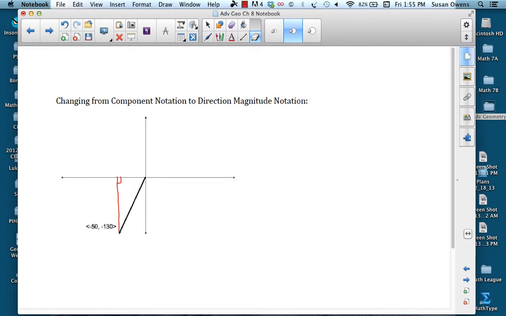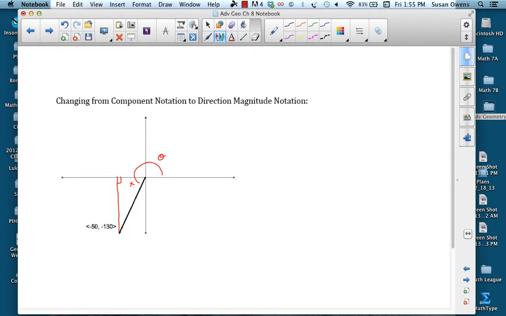But if I'm doing from 0 degrees, I need this angle. Sometimes you'll say this is south of west. Sometimes you'll be using 360 degrees, in which case the positive x-axis is always 0 degrees, and you're going from that all the way around.